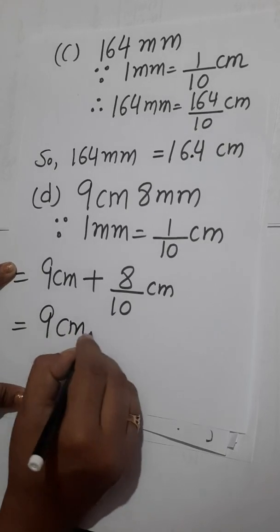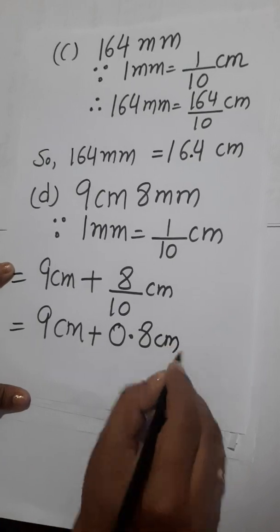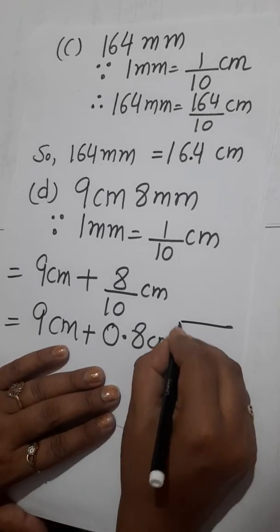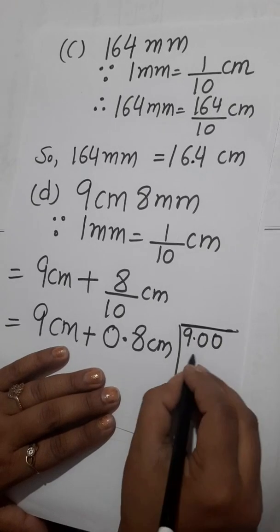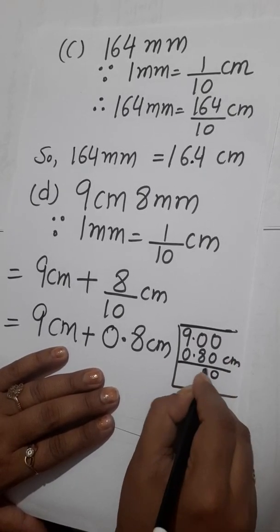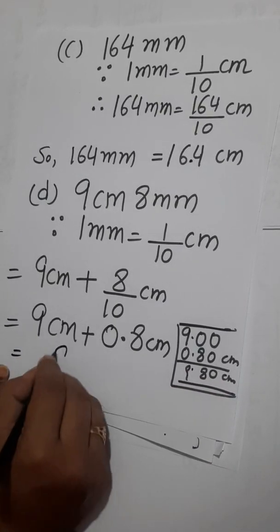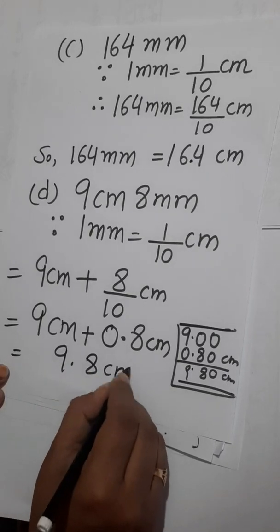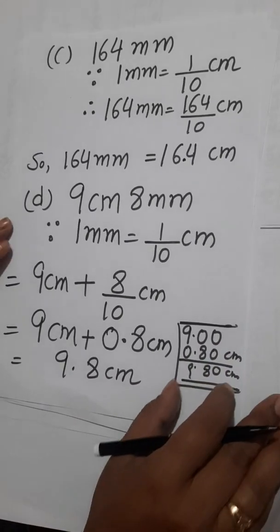Now 9 centimeter as it is, and 8 millimeter can be written as 0.8 centimeter. So here I will write 9.00 and this 0.80 centimeter. So here we have 9.8 centimeter. So this is all about D part.